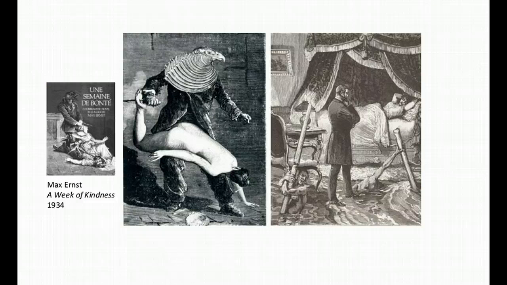Max Ernst here giving us a very disturbing book. Ernst is a weird guy, and he had this pseudonym called Lop Lop, which was a bird-headed man, and he always thought of himself, that was kind of his alter ego.